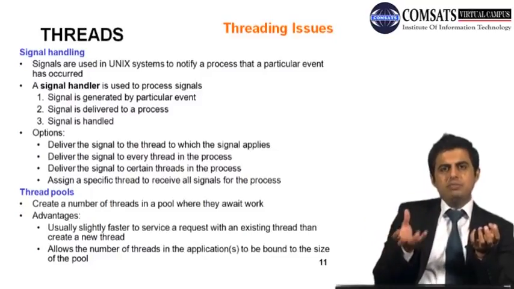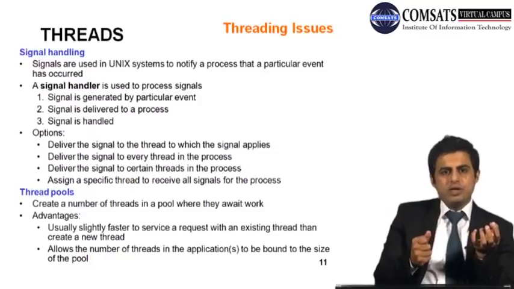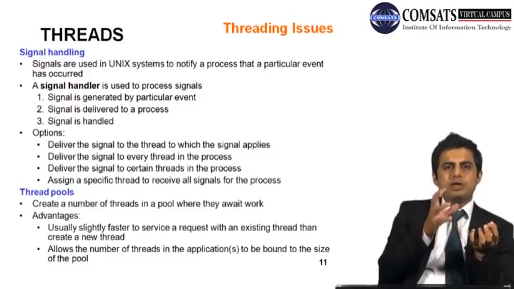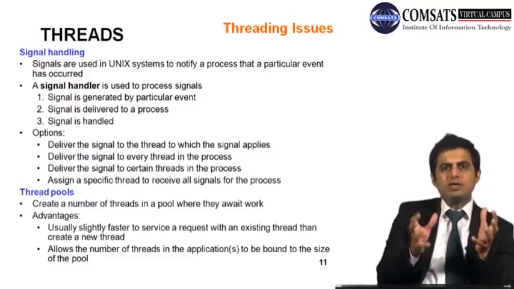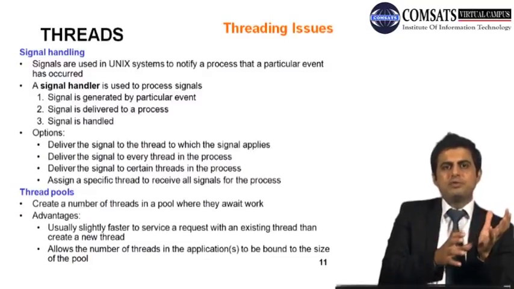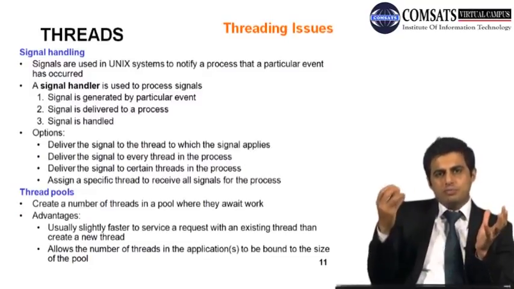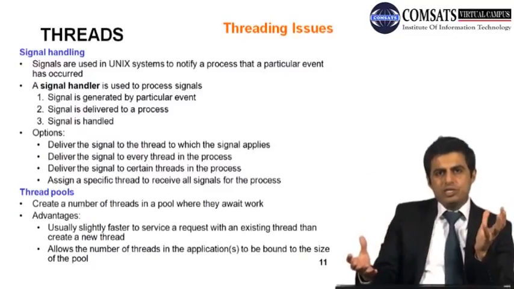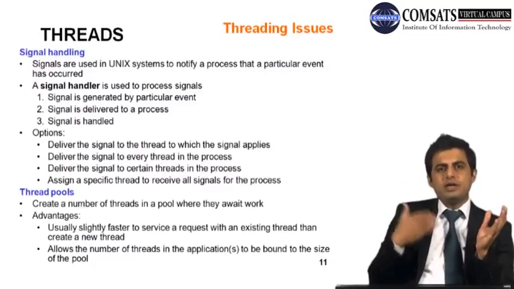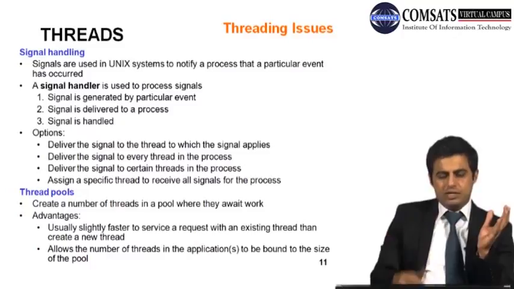So in this way, basically you are taking services from the pool, and you have got multiple threads which are part of the pool, and you are taking one by one and you are using them. So you don't have to create a new thread to do that task.